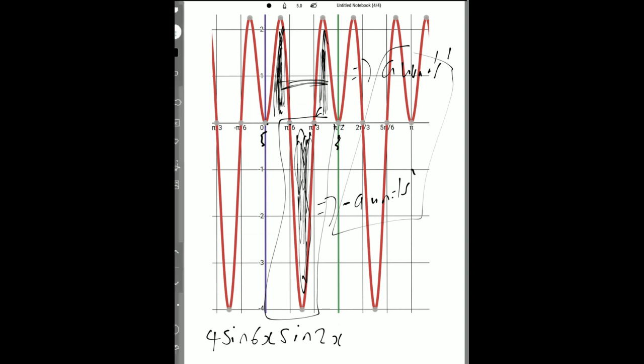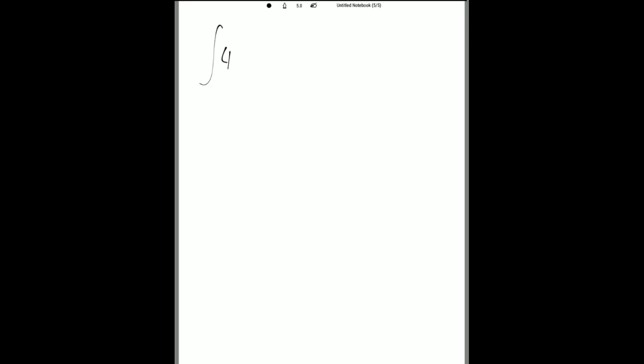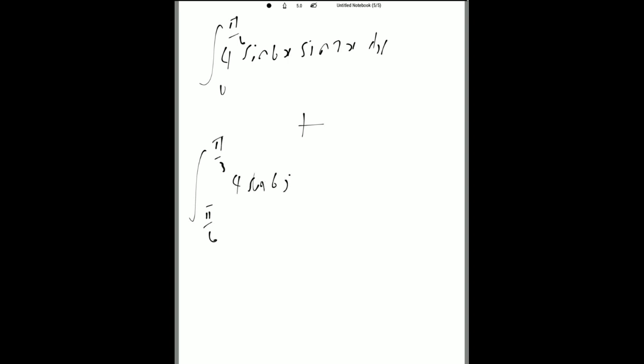So let's go ahead and do that. Integrating 4 sine 6x sine 2x with respect to x from 0 to pi over 6, that's the first part, plus the integral from pi over 6 to pi over 3 of 4 sine 6x sine 2x, but we have to find the absolute value of that.